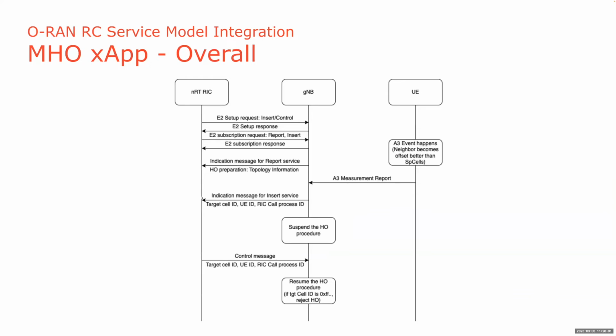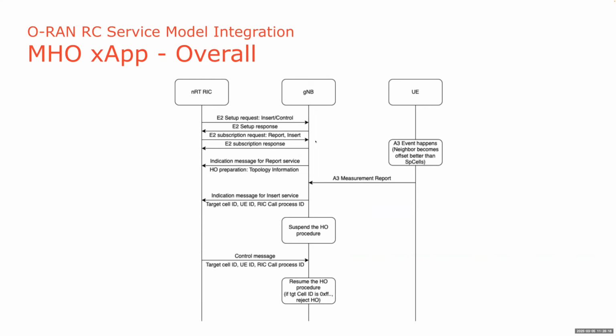So this is the brief code flow. Let's assume we have three components: gNodeB, UE, and RIC. First, we need to make an E2 subscription, and here we need to set the insert mode.